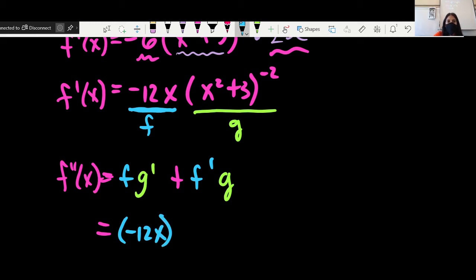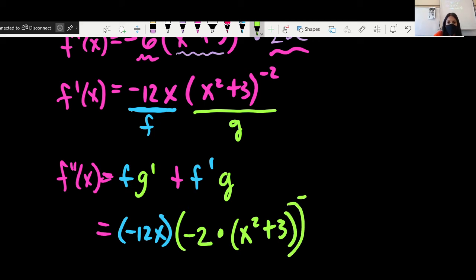And then for my g prime, well, do you see that my g prime would be, I did the opposite order, but anyways, g prime would be -2 times x squared plus 3 all to the power of -3, but then I also need to multiply it by 2x. Do we get that?